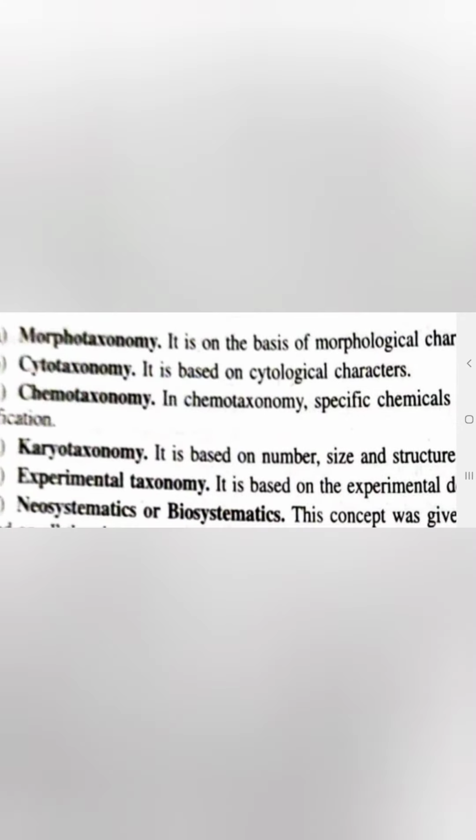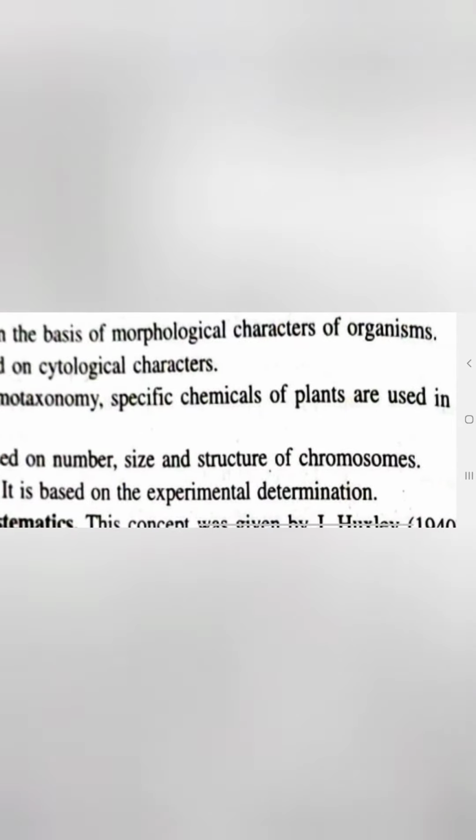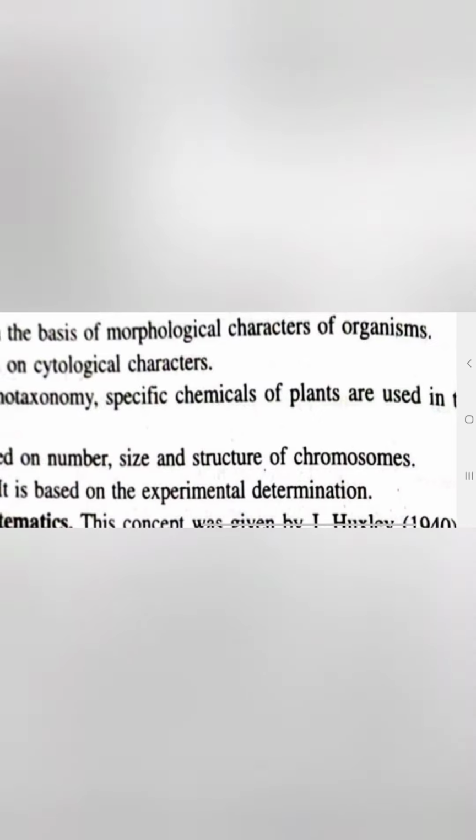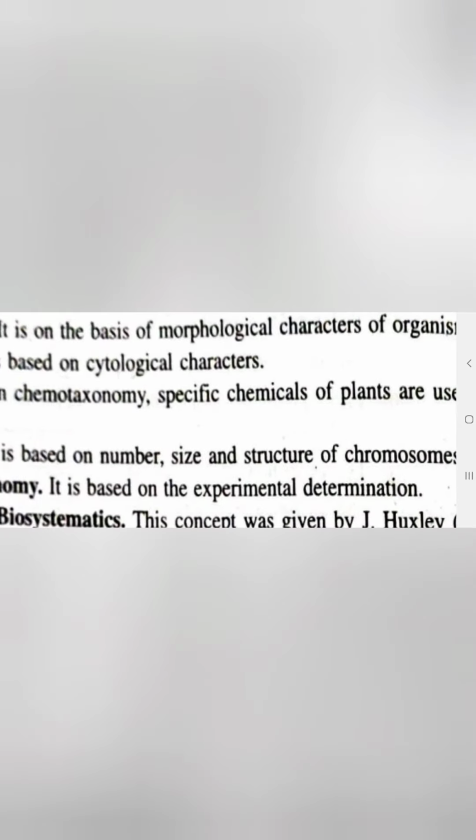Next is chemotaxonomy. In chemotaxonomy, specific chemicals of the plants are used in the classification. Students, a plant may contain different types of chemicals like flavonoids, saponin, alkaloids, and if a specific chemical is present in large amount, then it acts as a base for the identification and classification of that plant.